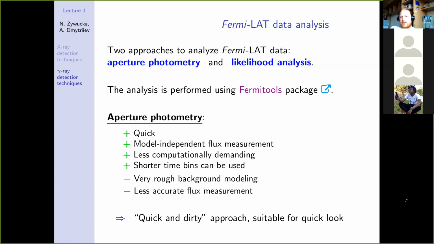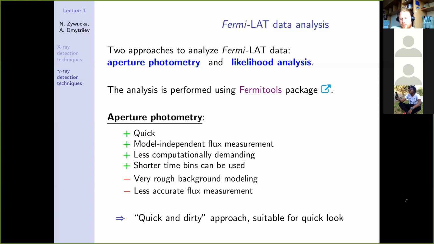The gamma rays create showers, the same showers as in the atmosphere, but water is more dense, so you have a smaller shower extent. HAWC has a larger field of view, very similar to what Fermi LAT has.